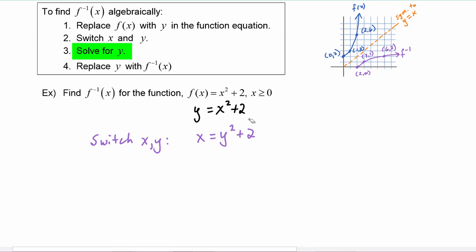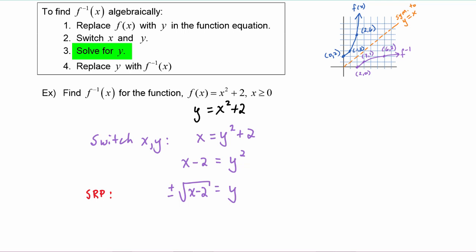So we would subtract 2 from both sides, and we have x minus 2 is equal to y squared. So by the square roots property, we would get that y is equal to plus or minus square root of x minus 2.